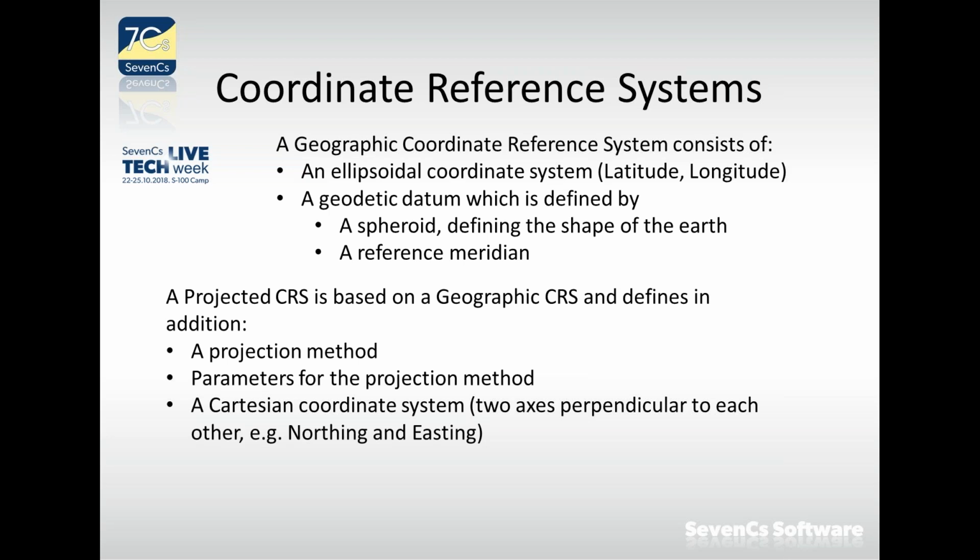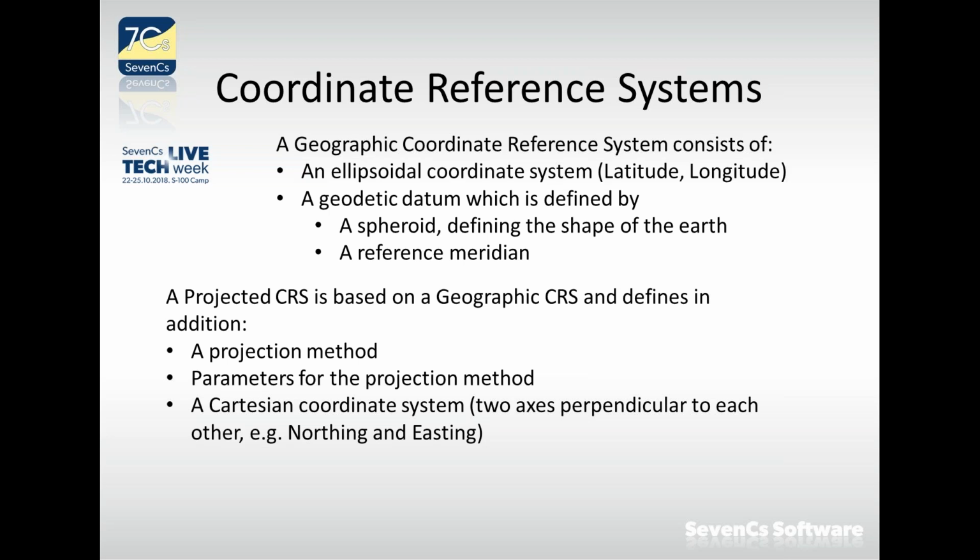Okay, we sometimes have coordinates which do not refer to a geographic coordinate reference system. They refer to a projected coordinate reference system. That means this coordinate reference system is based on a geographic one, taking the datum from there, but it defines in addition a projection method.